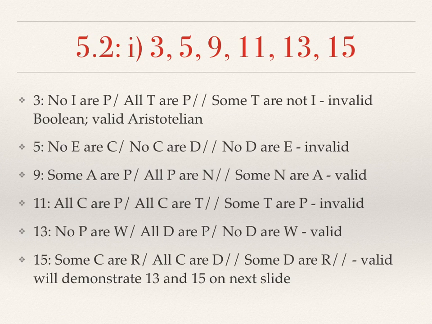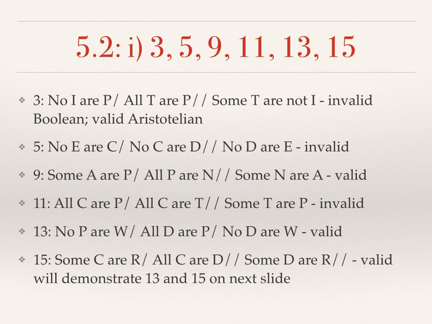For section 5.2, here we use Venn diagrams to test these categorical syllogisms.